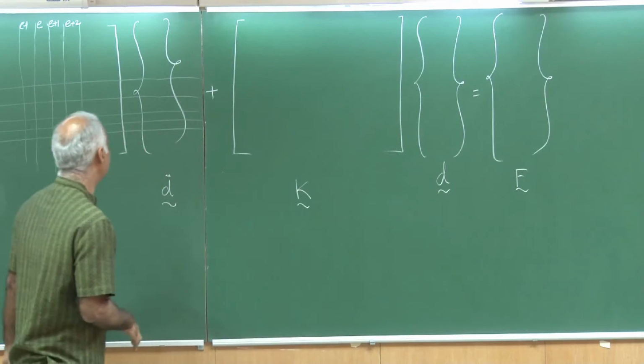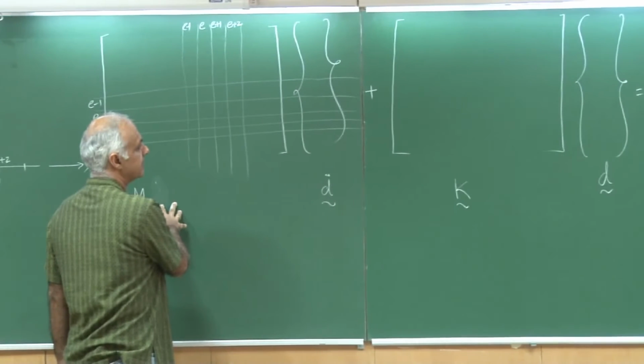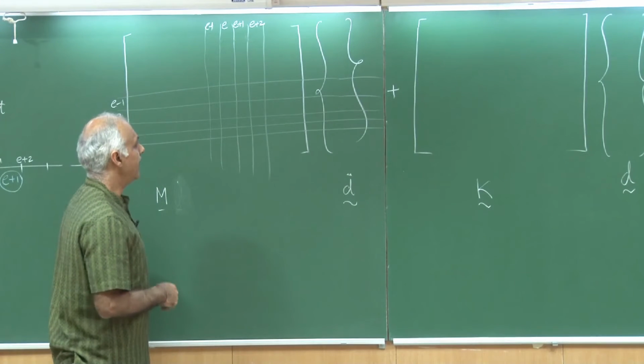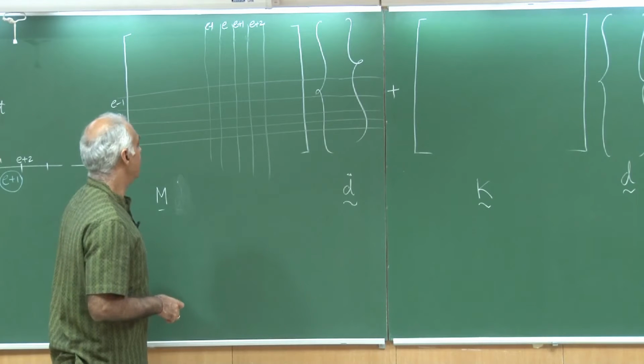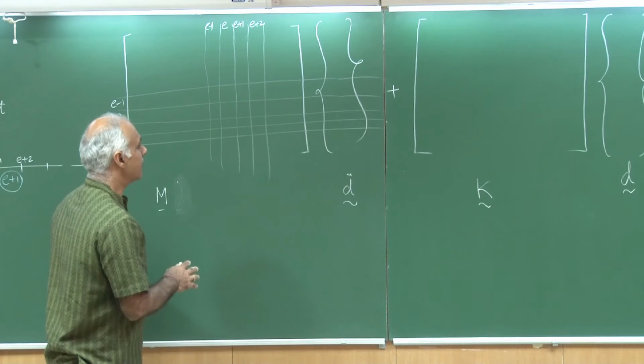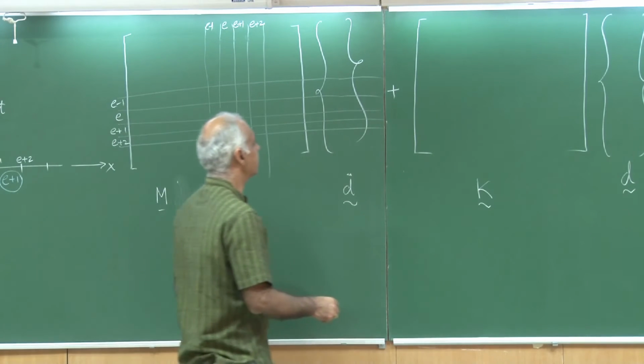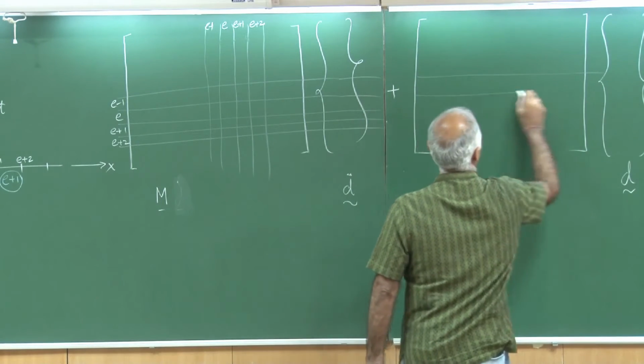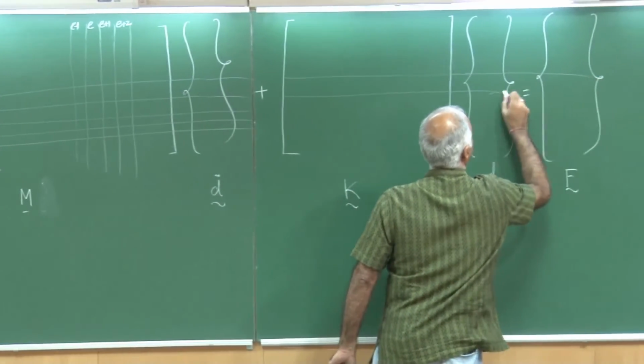So, I would like to assemble these quantities M d dot plus K d equal to F and use the element level quantities. So, just for the sake of completeness, let me also extend this grid over here.